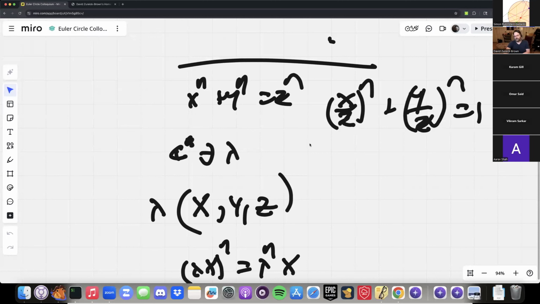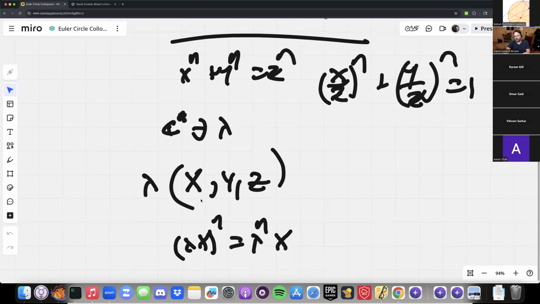So what I'm trying to say here is to go from a surface to a curve, you quotient the set of solutions by C star. And this is the easiest case of taking quotients. Nothing funny is happening.